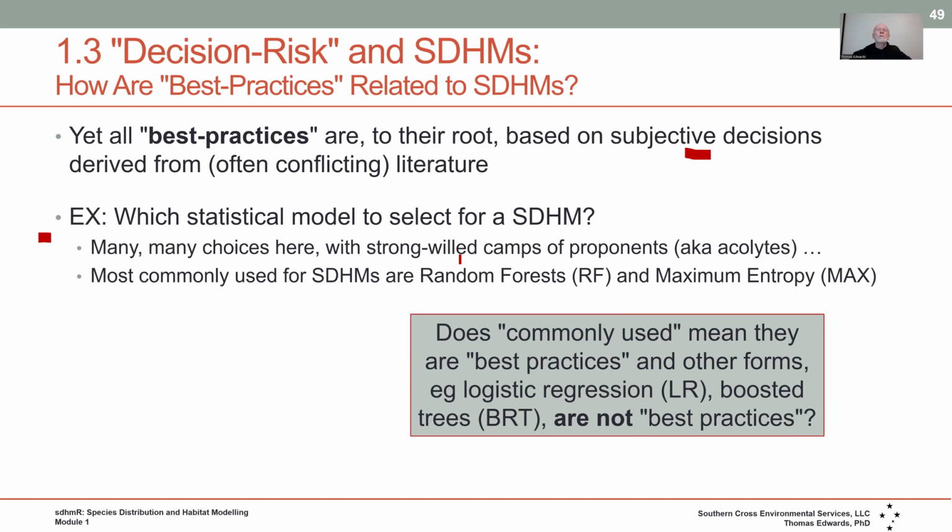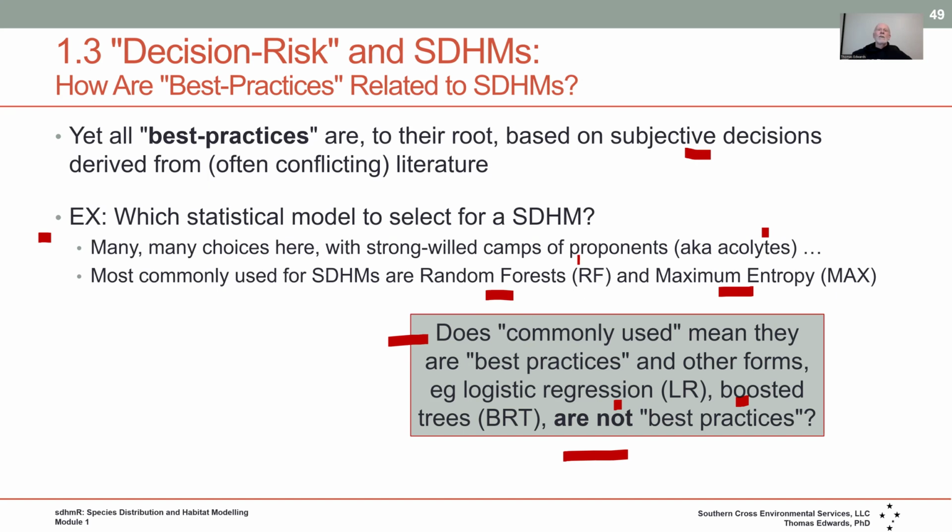There are strong-willed camps of proponents, acolytes, if I may, who will argue the model they prefer is the best. Now, within distribution modeling, the two most commonly used are random forests and maximum entropy. But does that mean it's best practice and other forms such as logistic regression or boosted trees are not best practices? I don't really have an answer to that, but nonetheless, you just need to be aware of how that happens.